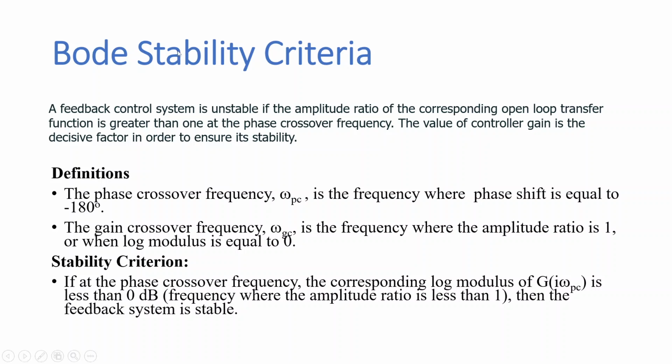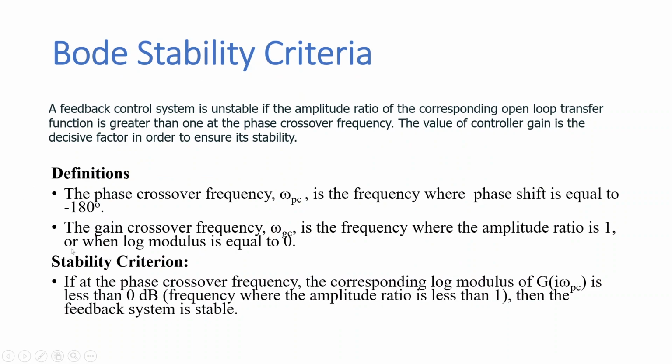Just to revise, in the earlier classes we studied the Bode stability criterion, which states that a feedback control system is unstable if the amplitude ratio of the corresponding open loop transfer function is greater than 1 at the phase crossover frequency.